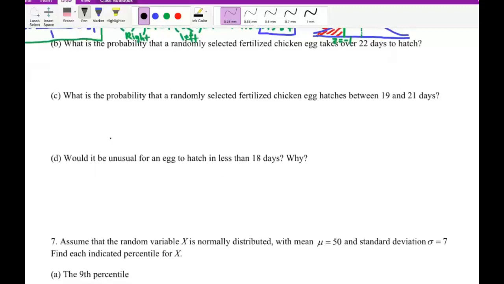Okay, part B. What is the probability that a randomly selected egg takes over 22 days? So our probability is X greater than 22. Here again, first step, find the z-score.